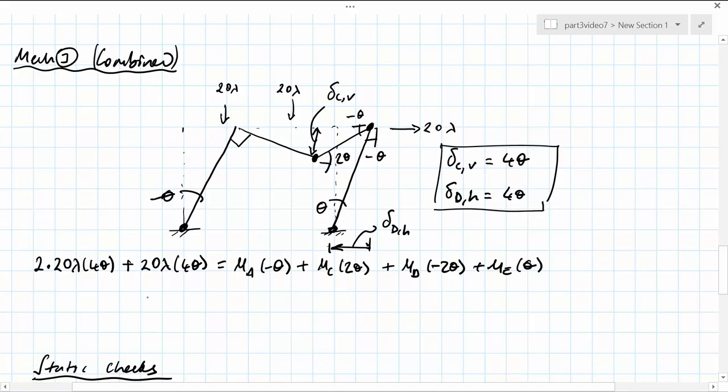At collapse, we have 160 lambda times theta equal to 6 MP theta. So lambda 3 is equal to 1.5 and the collapse load factor is less than or equal to 1.5.